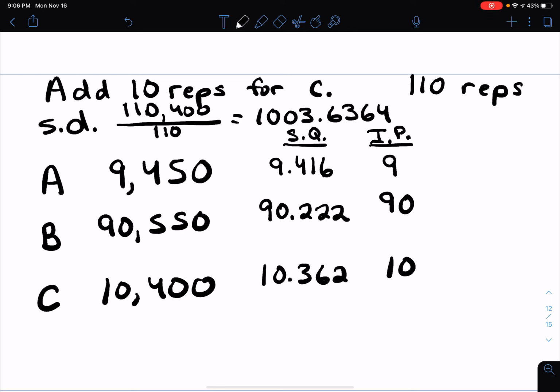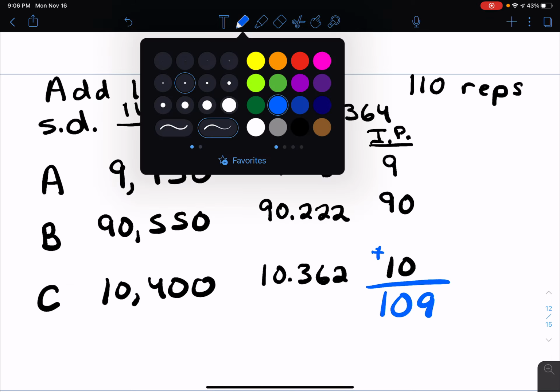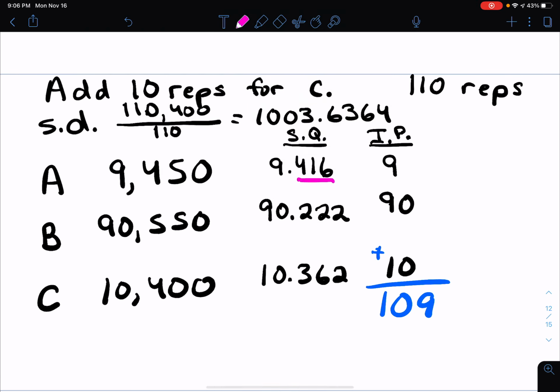So that gives me 10 for my integer part. All right. So these add up how? These add up to 109. Short one rep. So I gotta, I like using pink, so I gotta go back and look at my decimals.